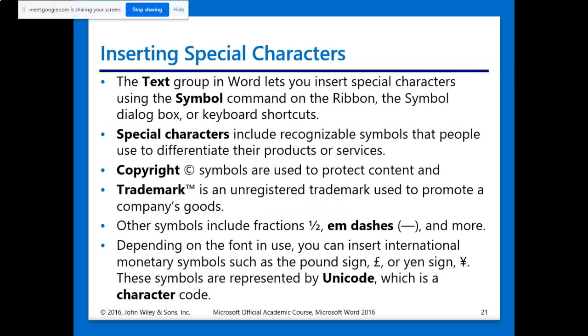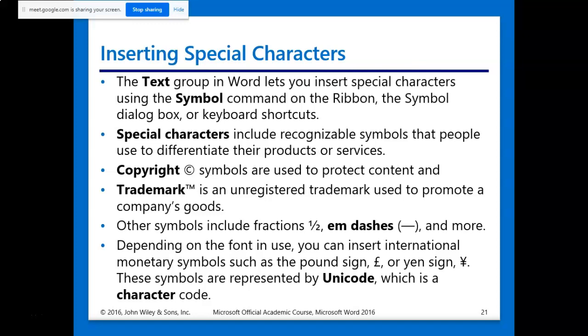We can insert special characters, which can be like your copyright symbols, trademark. The text group in Word lets you insert special characters using the Symbol command on the ribbon, the Symbol dialog box, or keyboard shortcuts. Special characters include recognizable symbols that people use to differentiate their products or services, such as the copyright symbol that's used to protect content, and then you've got trademark, which is used to promote a company's goods.